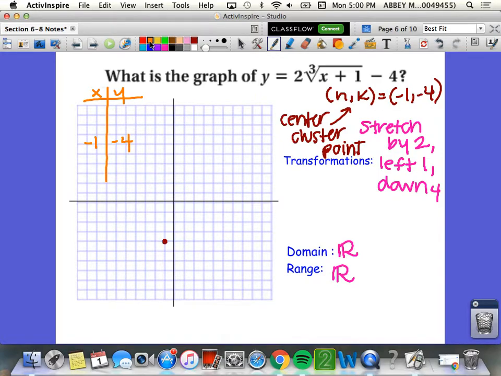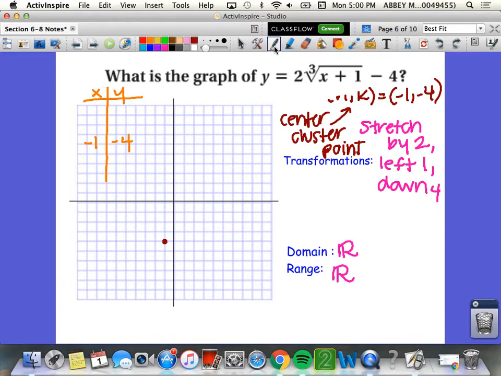Okay. So, when I plug in -1 for x, what happens underneath here? That goes to 0. Well, we can take the cube root of 0. That's just 0. Okay? So just like we did with square roots, we want to pick numbers that when we plug in, they work out nicely in our favor because we're taking the cube root.